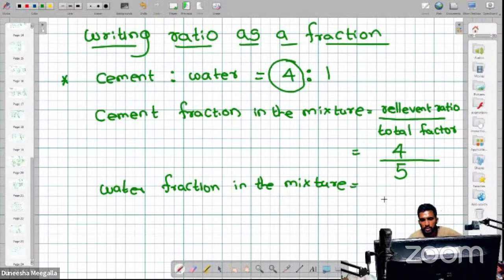What is the total? Total we write in the denominator. Adding the two ratios gives 5. Then the relevant ratio is 1, so 1/5. Write the first example.